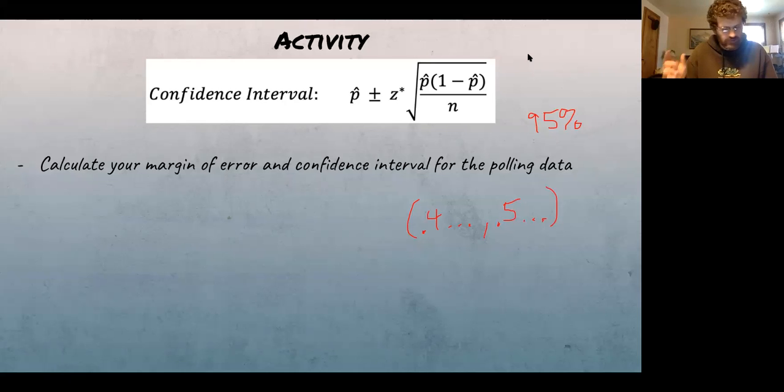It might be a little higher or lower than the 0.4 or 0.5, but anyways, that is it. That's your confidence interval, and you've calculated one. Hopefully you guys are feeling good about that. I'm ready to move forward unless you guys need some more time.